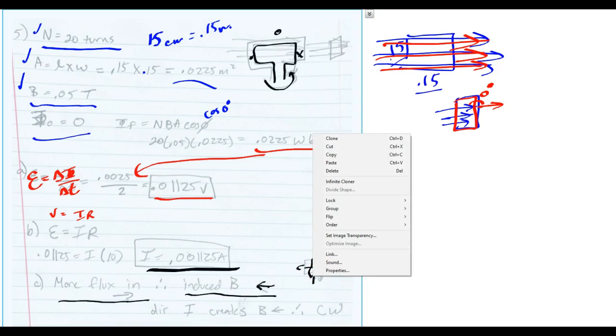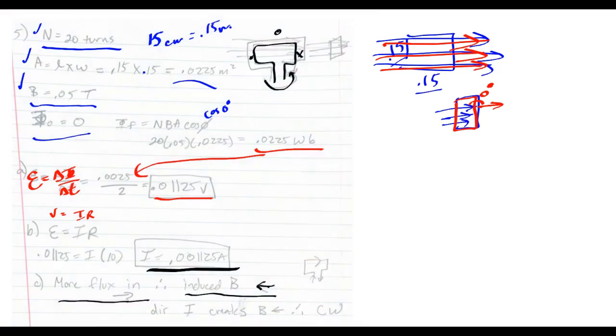So when I grab that loop of wire, my thumb would point in that general direction. I describe that as clockwise because it's going around in the clockwise direction. So again, as it's rotating, my thumb is pointing up here with my right hand rule. My fingers would go through the middle, or if I grab the top part, my fingers would go to the right.